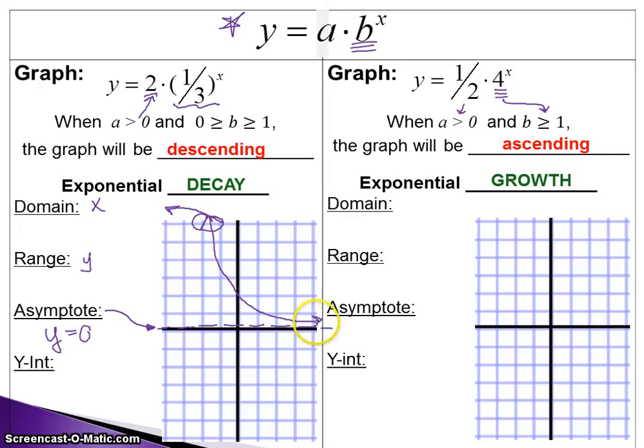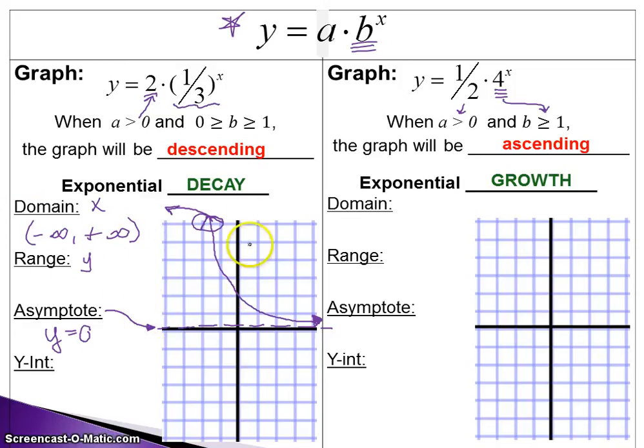This arrow down on the bottom is facing the right, and it is never going to stop. So my domain, or my x's, continues all the way from the left, or negative infinity, all the way to the right, which is positive infinity. And if you remember from the last chapter, infinities always have those parentheses.